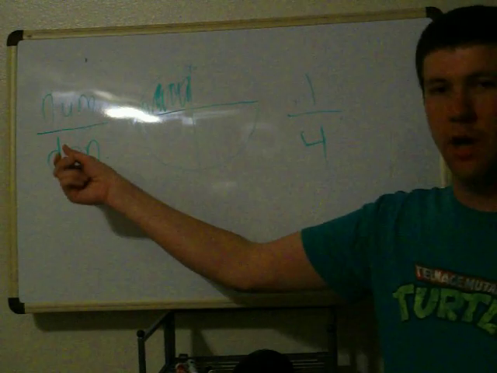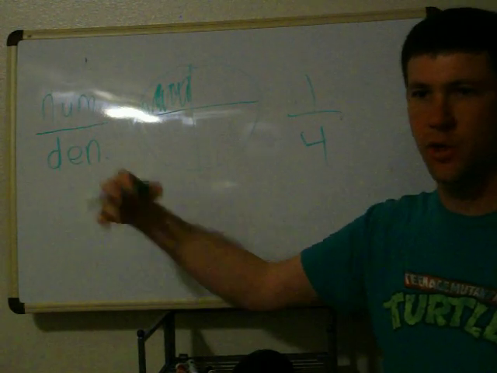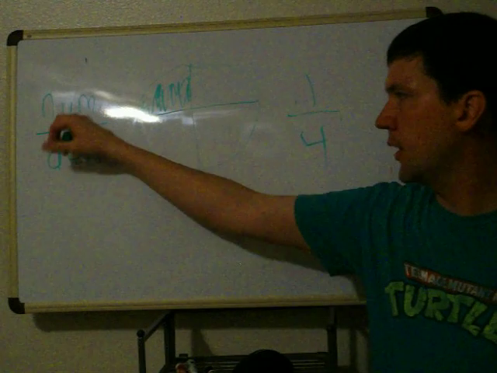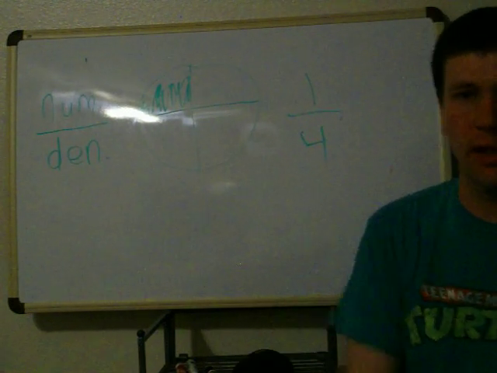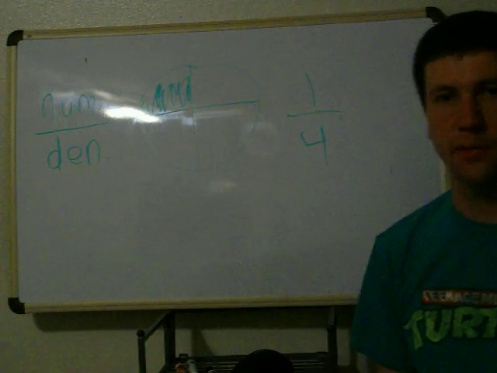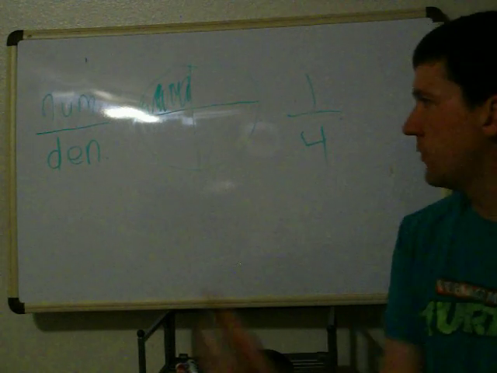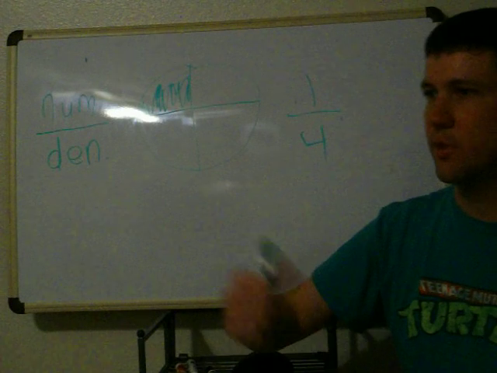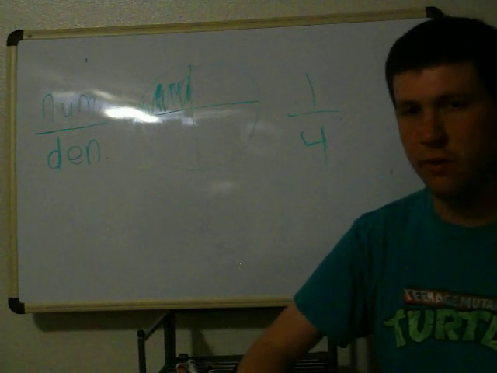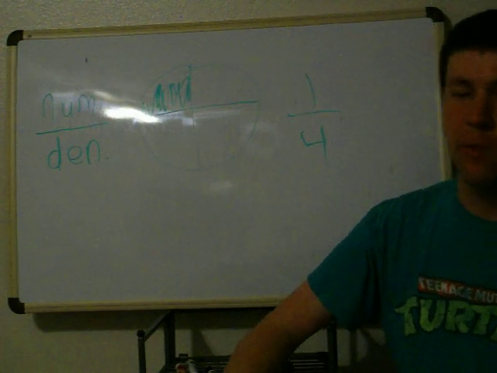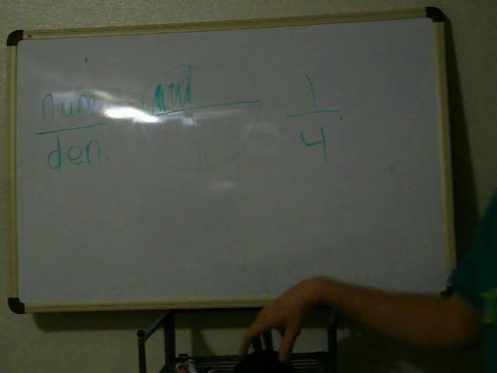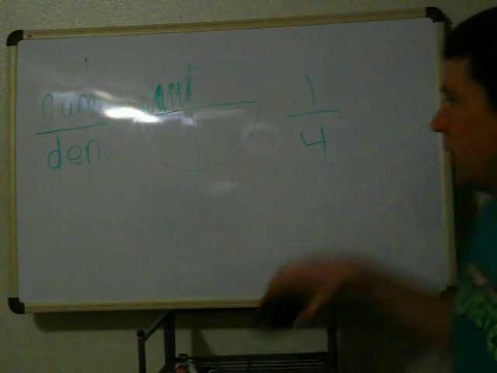The denominator is the total amount that you have, and the numerator is the number that you have available to you. Again, in our example, we have 4 slices total and just 1 available to us to eat, so we have 1/4 of the pizza. So that's numerators and denominators.